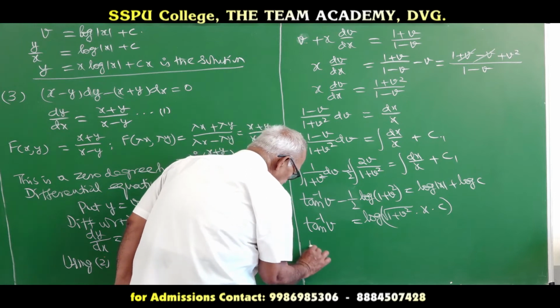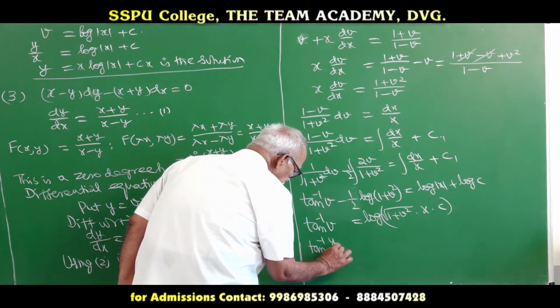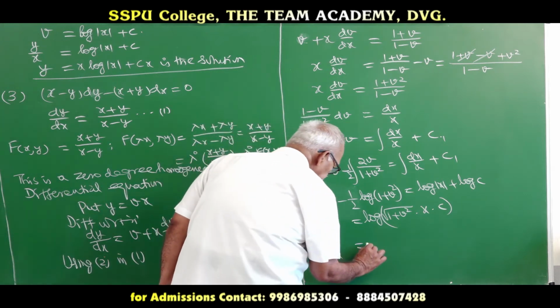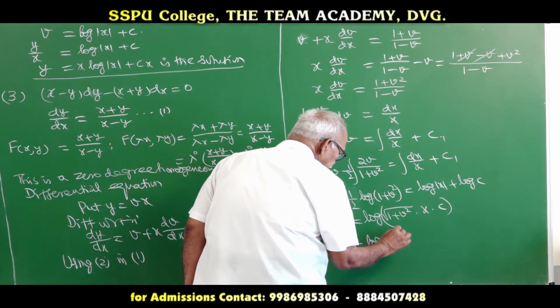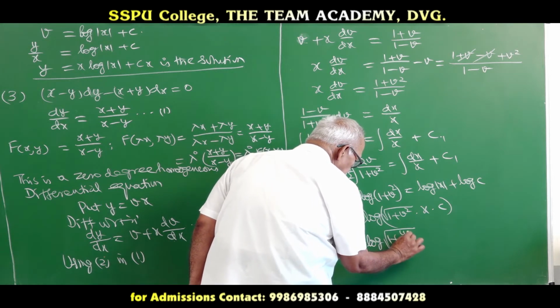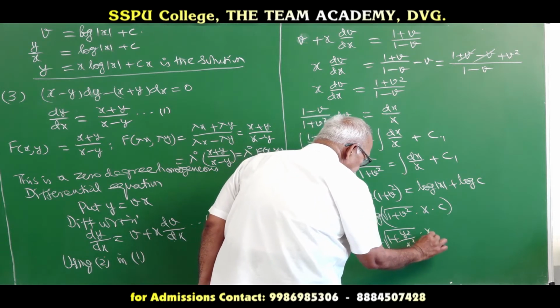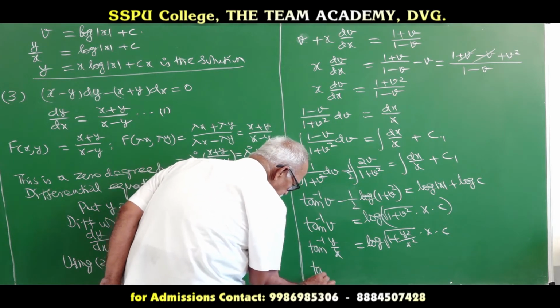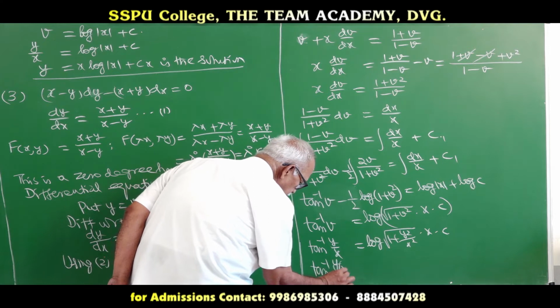Now this is tan inverse of y by x is equal to log of, here 1 plus y square by x square, into x into c. Now final answer, we can write this.